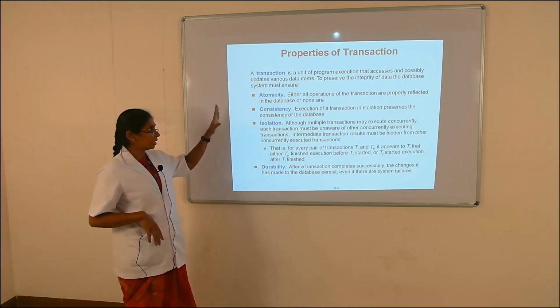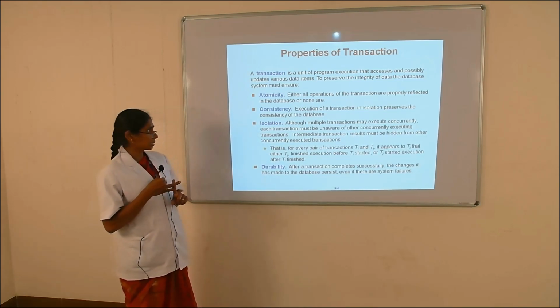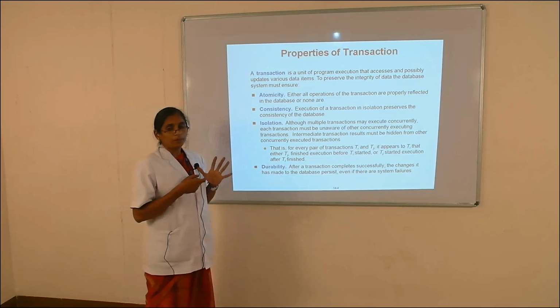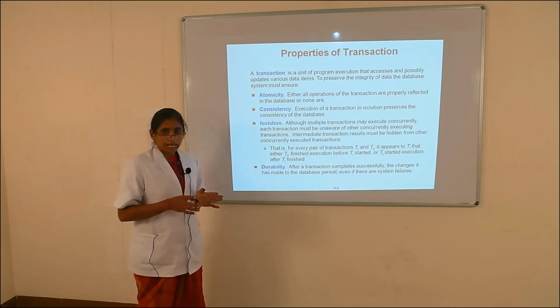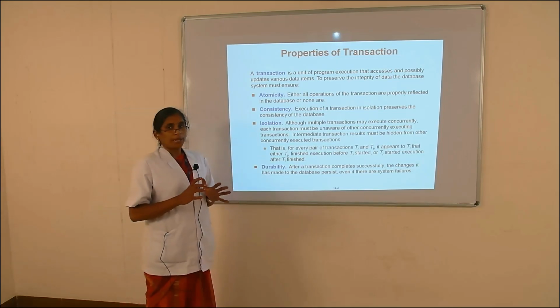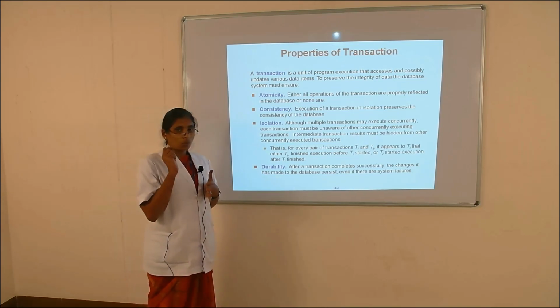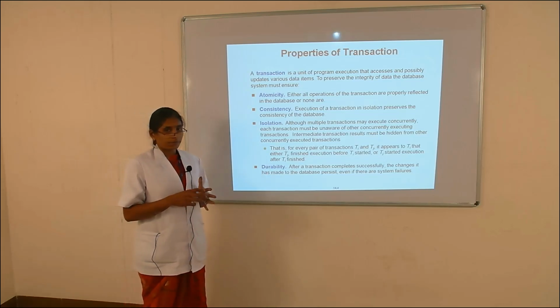So these are all the properties that we have to maintain: atomicity, consistency, isolation and durability. These are the important properties of every transaction, and these properties have to be satisfied while we make a transaction in our database. Here the transaction is whatever we add or delete or modify in our database.